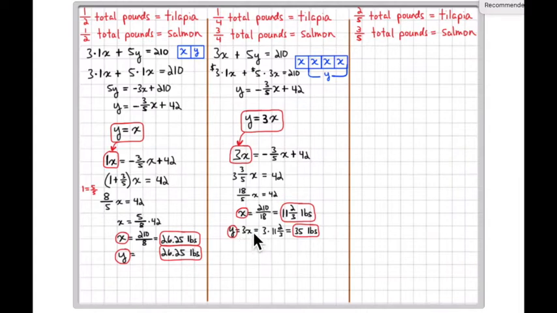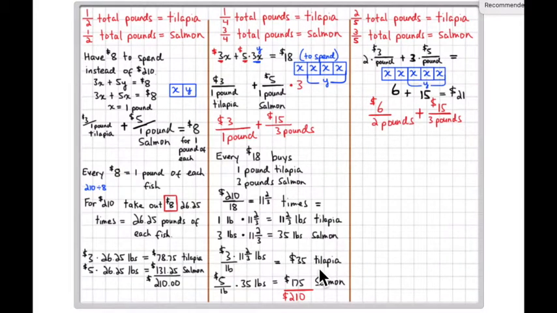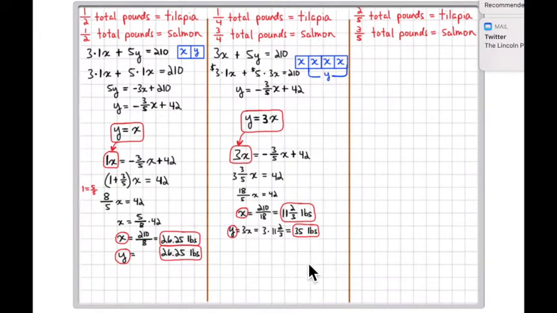So y is equal to 3 times that amount. So it's 3 times 11 2/3 pounds equals 35 pounds. And figure out the price of each of those. And it comes out to equal, again, that $210. This equals the $210.